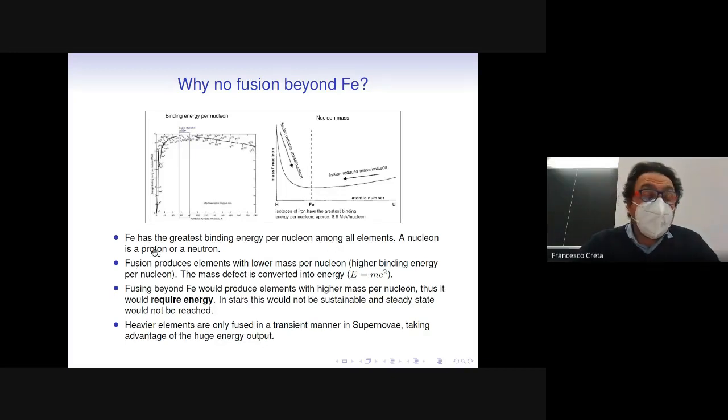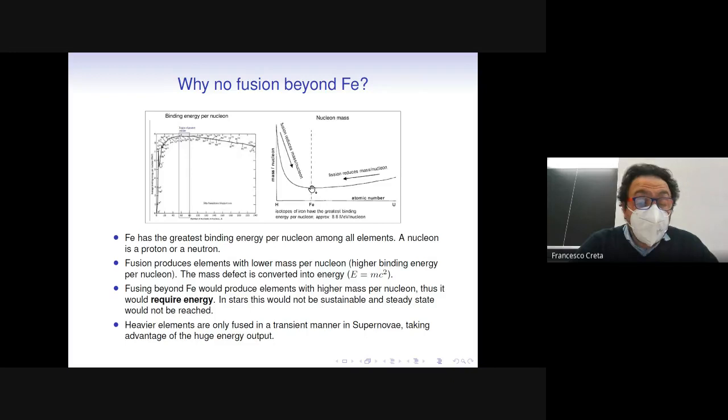So by fusing elements into heavier elements, you produce elements with lower mass per nucleon. The mass defect here is given out as energy, through the famous equation.